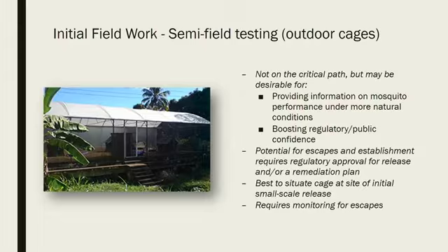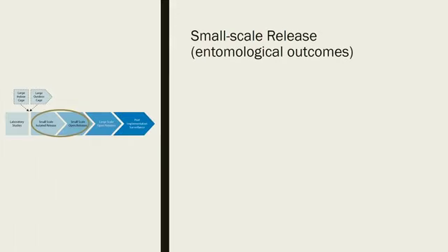But again, this could be useful for boosting support for the regulators and ethics committee that what you're doing is safe. So if you're going to do this sort of release, these sort of experiments must be done near sites where you're expecting to do the first field releases anyhow. But it also requires monitoring for escapees around the outside, just in case there are releases.